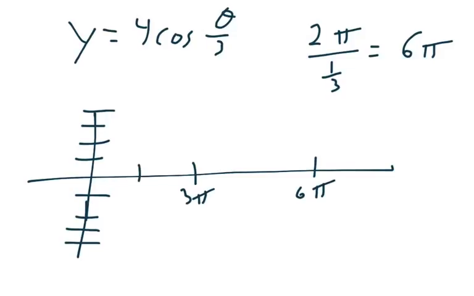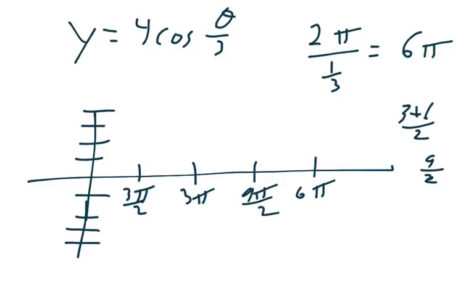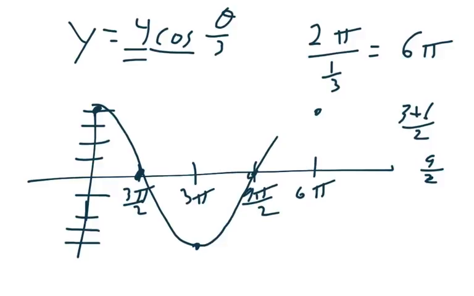In between 0 and 3 pi is 3 pi divided by 2, because half of 3 is 1.5. And if we add 3 plus 6 divided by 2, it turns out to be 9 halves. So my third tick mark is going to be 9 pi over 2. Since we have cosine, we're starting at the top, and the 4 is positive, so that's how I know we start at the top and not the bottom. And then I make one cosine cycle. And that's my answer for number 2.